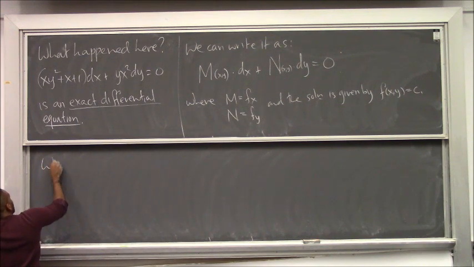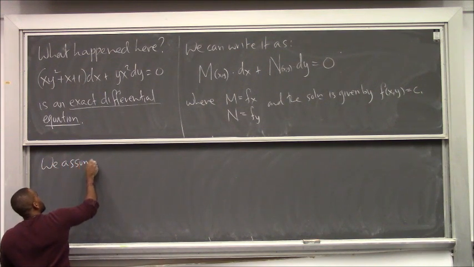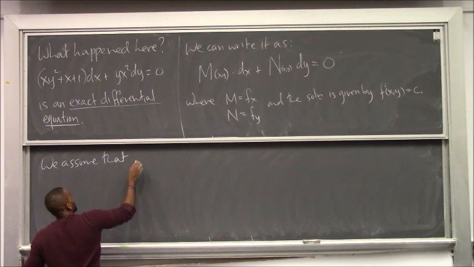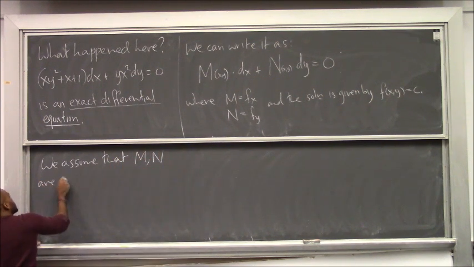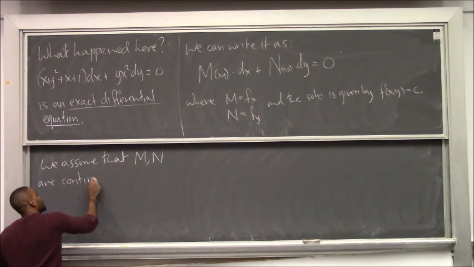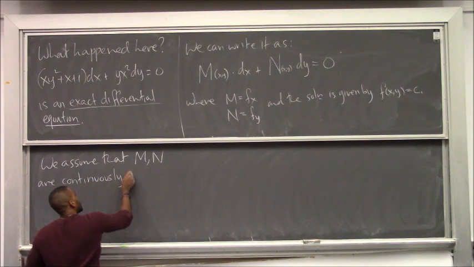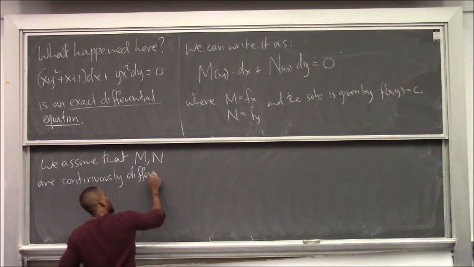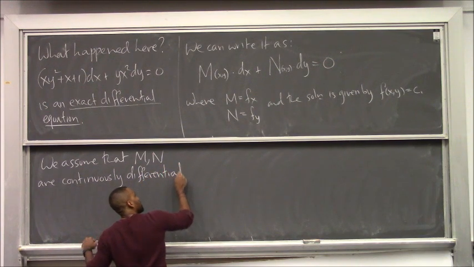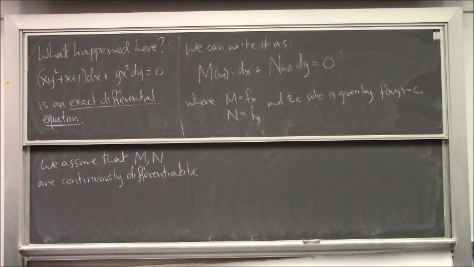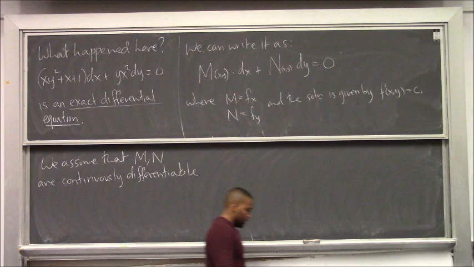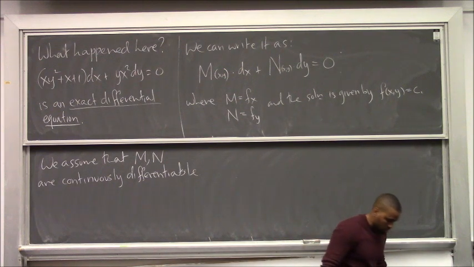Now, we assume that M and N are continuously differentiable. If they're not, you have to be a lot more careful, and it's outside the scope of this class. So don't worry about that. This means that you can differentiate them and you get continuous functions in whatever region you're considering.